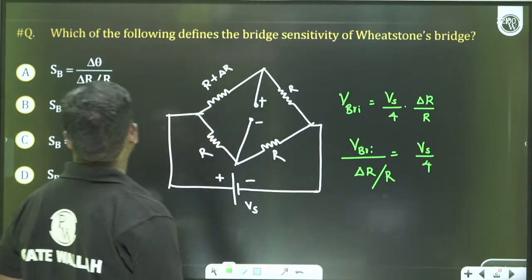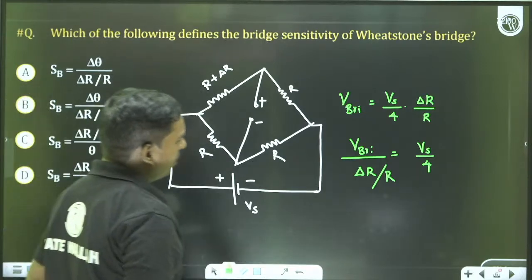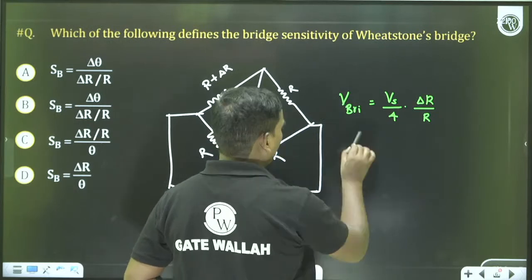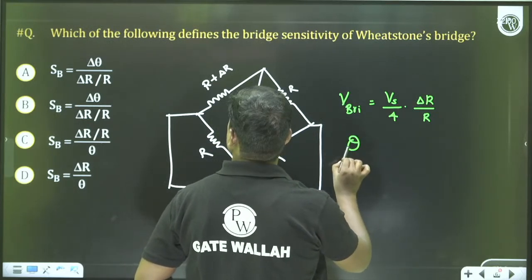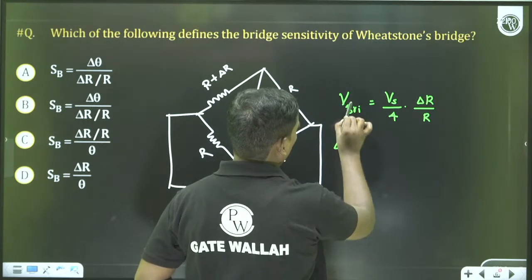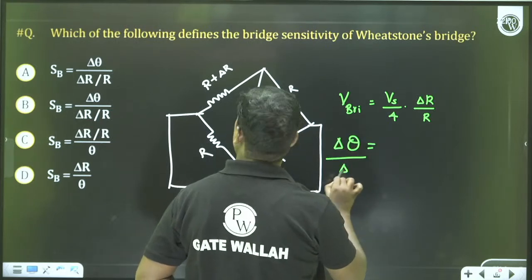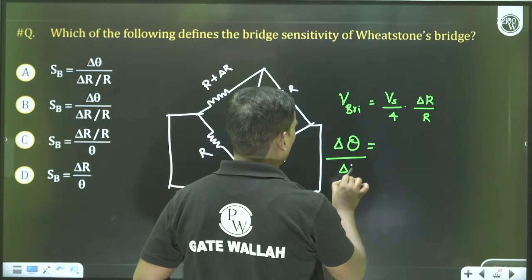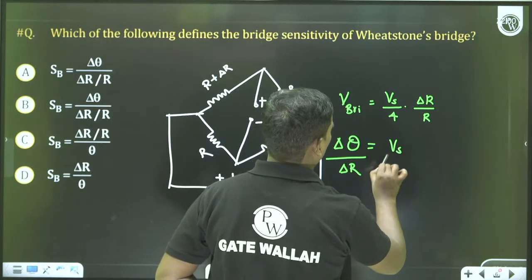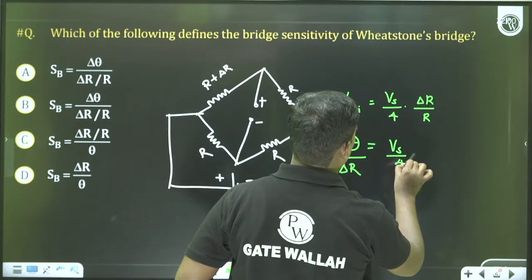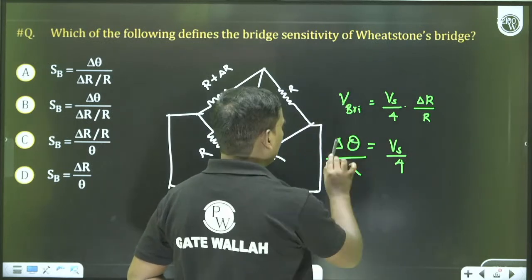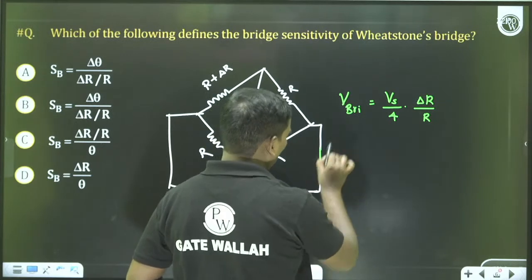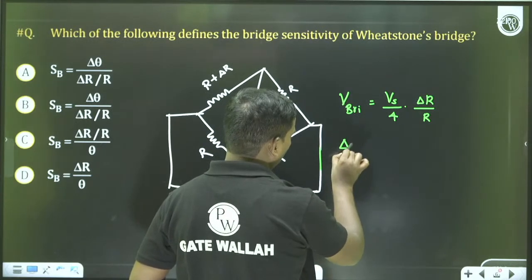Just to mention, this delta theta means output. If you take this as a deflection, delta theta output, then delta theta by delta R should be there. Please make a note of the correction. The output as deflection should be mentioned as delta theta.